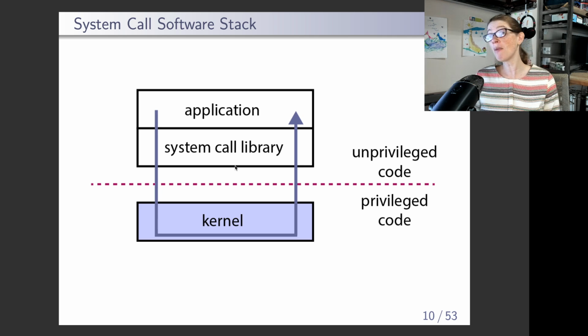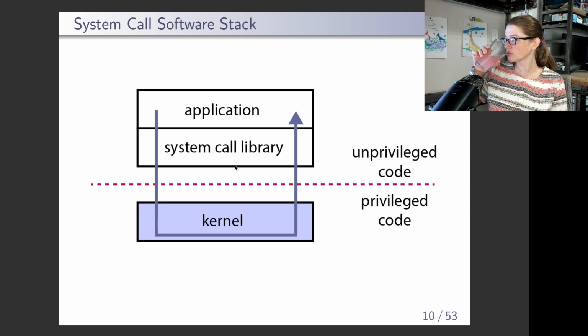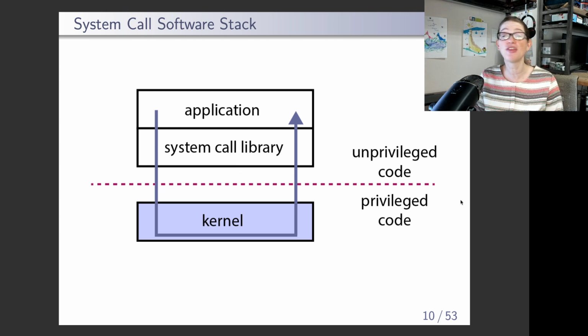So this is actually a mode on your CPU. And if your CPU is in unprivileged mode, then there are certain assembly instructions that simply can't be executed. And there are certain memory addresses that can't be accessed. Whereas if you are in privileged mode, then you can technically execute and access everything. So this isn't just some theoretical line.